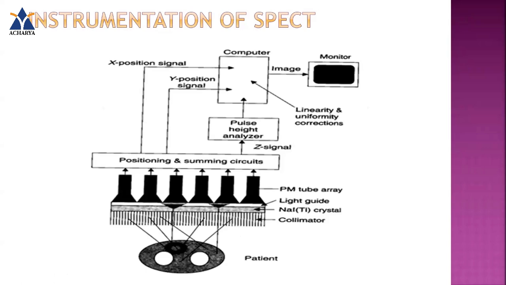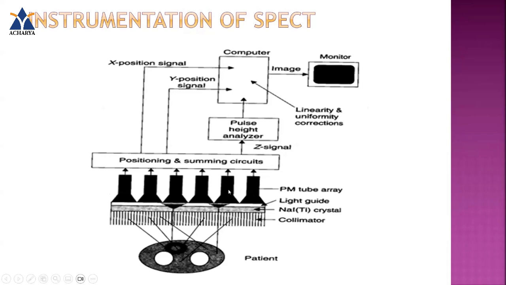Those light photons are converted into electrical signals with the help of the photomultiplier tube array. Why is it called an array? There are numerous photomultiplier tubes inside, so it is called an array of photomultiplier tubes.